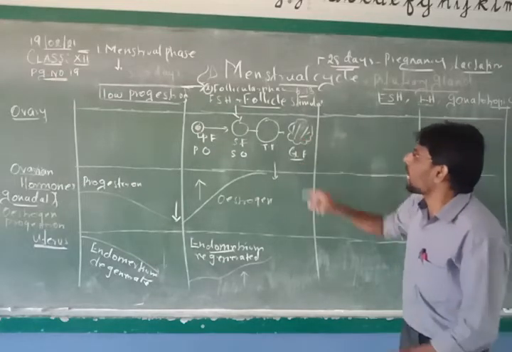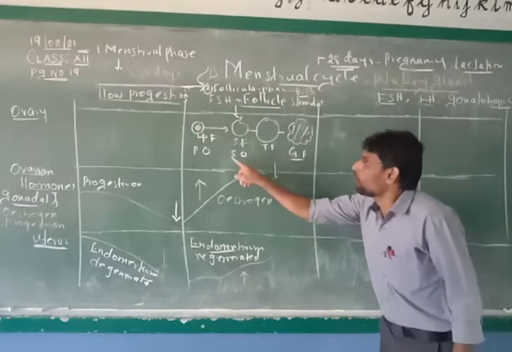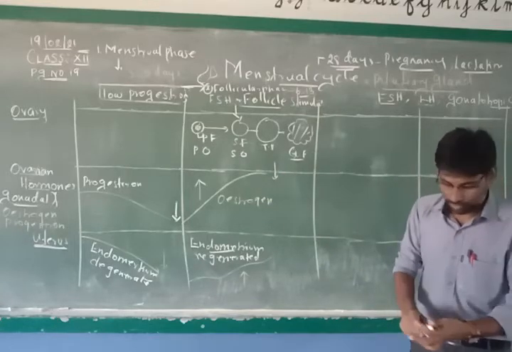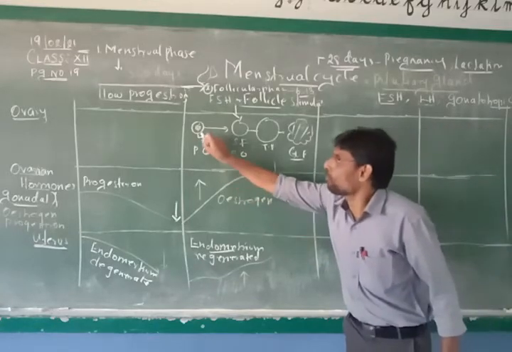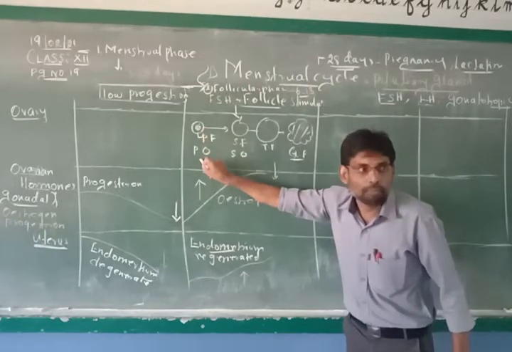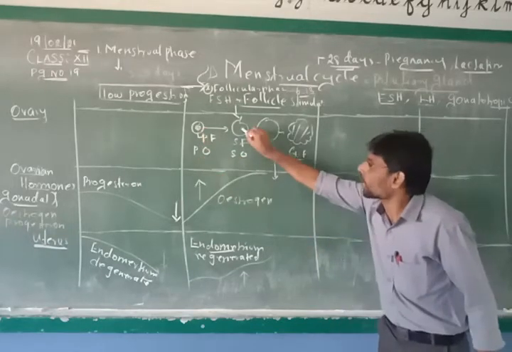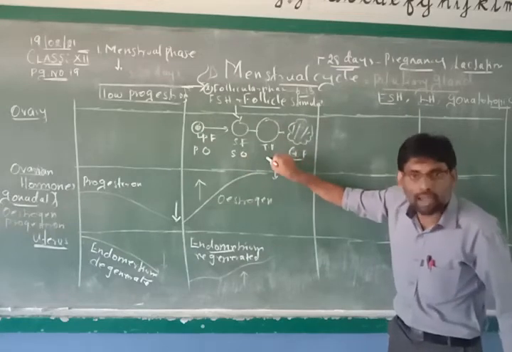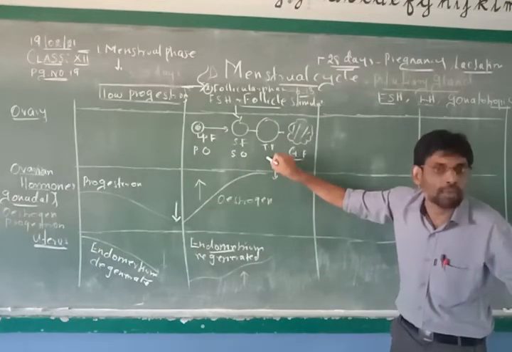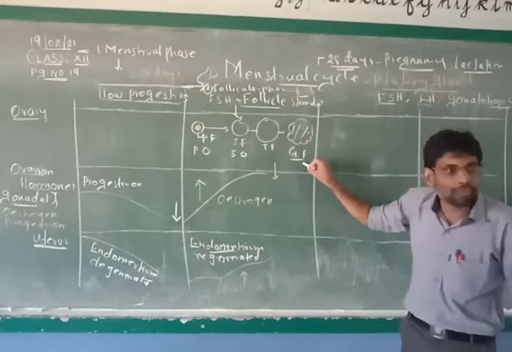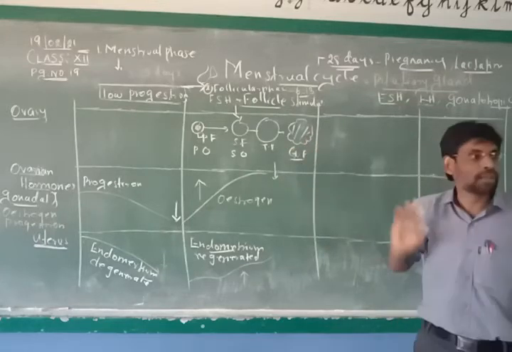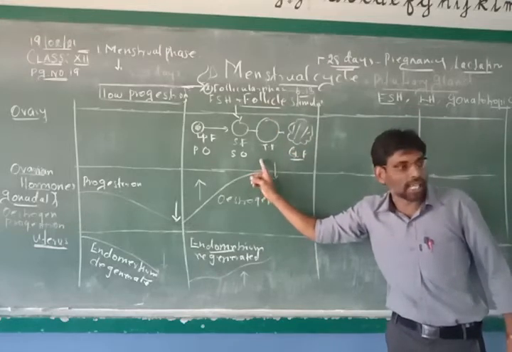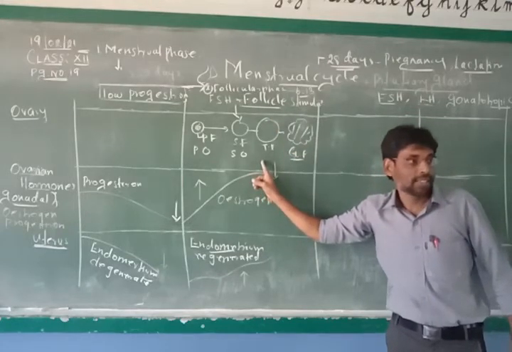Now, inside this Graafian follicle, will you have a primary follicle, a secondary follicle, or an egg? Egg. In the primary follicle, you will have the primary oocyte. In the secondary follicle, you will have the secondary oocyte only. Inside the Graafian follicle, secondary oocyte only. That's what I am telling. In the menstrual cycle, we study only the secondary oocytes.